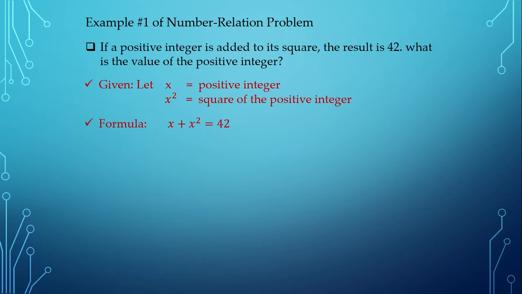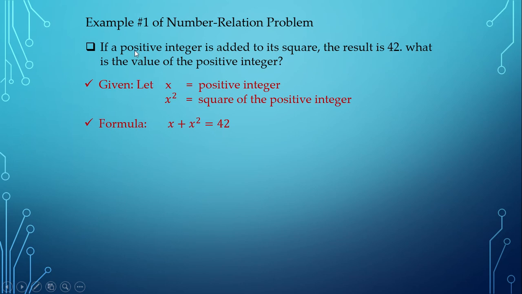The formula is derived from the first statement. If a positive integer, which is x, is added plus to its square, x square, the result is equal to 42.